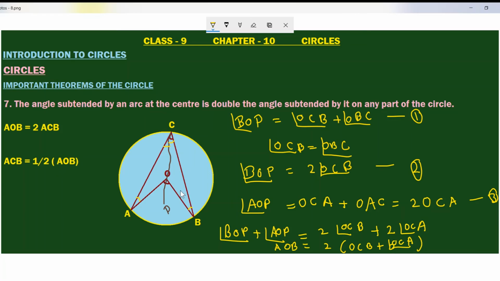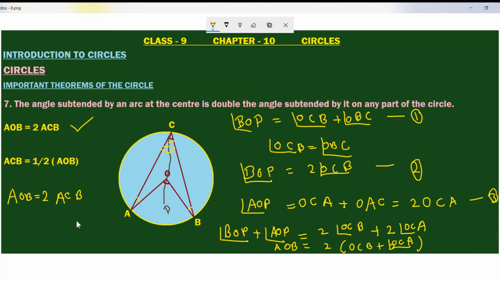You can see OCB plus OCA both are this whole angle. So I can write OCB plus OCA as ACB. So that AOB is equivalent to 2ACB. Hence we have proved this one.